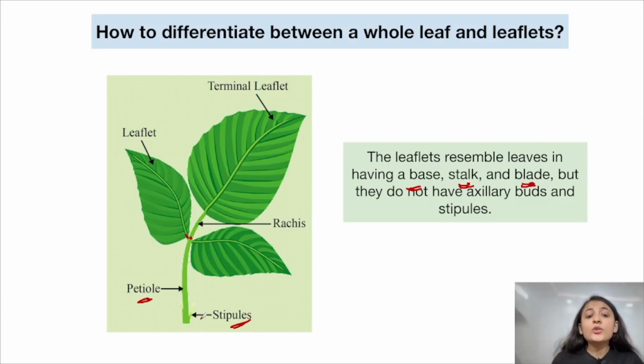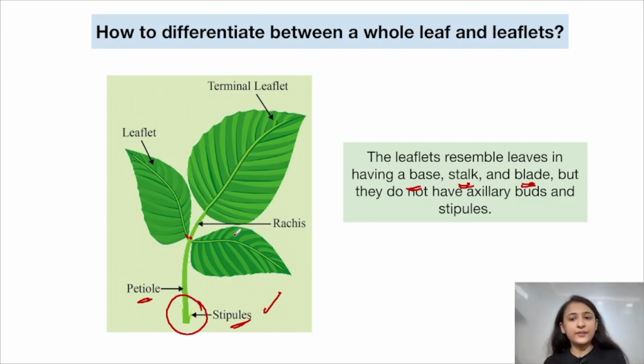So that is how you will identify that these three are not leaves, they are leaflets of a single leaf, because stipules and the axillary bud are present here, which means that the parts above these stipules all represent a single leaf. All of these three leaflets are not different leaves, they are the three leaflets of a single leaf. That is how you will differentiate between a whole leaf and a leaflet.